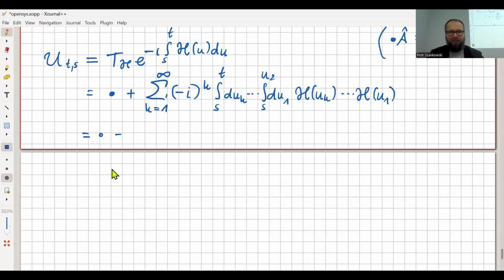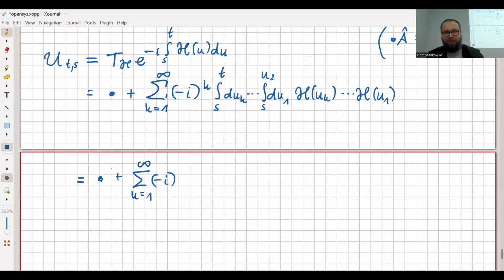Maybe let's go to the next page. Plus sum k from 1 to infinity, minus i to the k, and the integrals. Those guys, so okay, bullet, right?